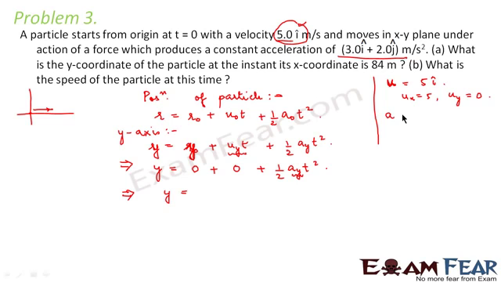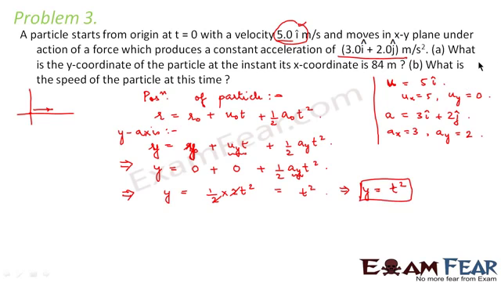Similarly, acceleration is equal to 3 i cap plus 2 j cap, that means a x is equal to 3 and a y is equal to 2. So the 2 and 2 get cancelled, and y is equal to t square. This is one relation we arrived at: y is equal to t square.